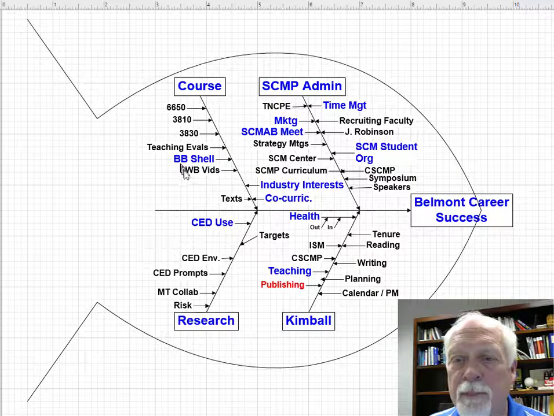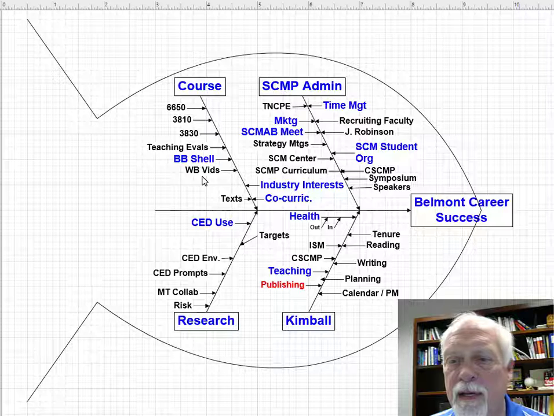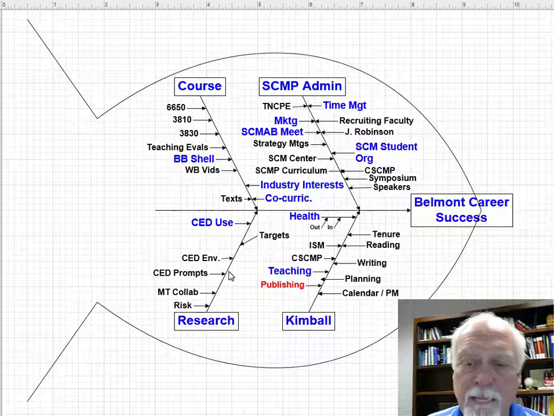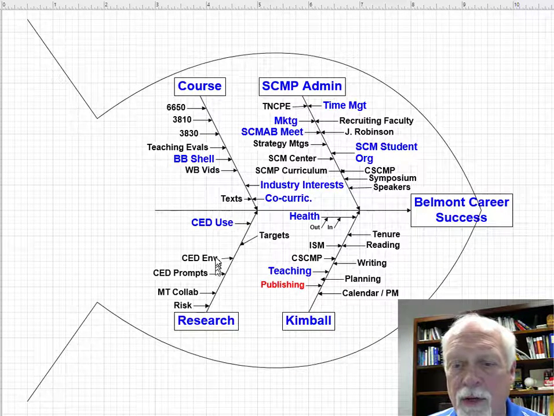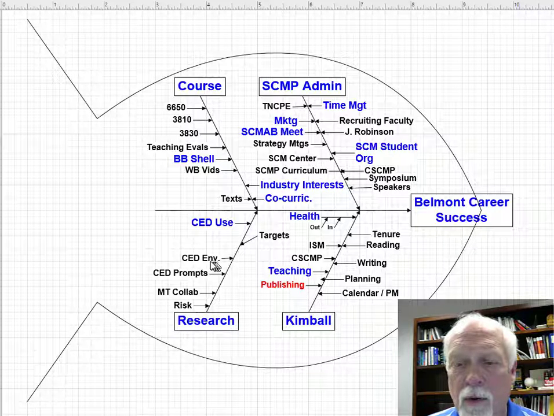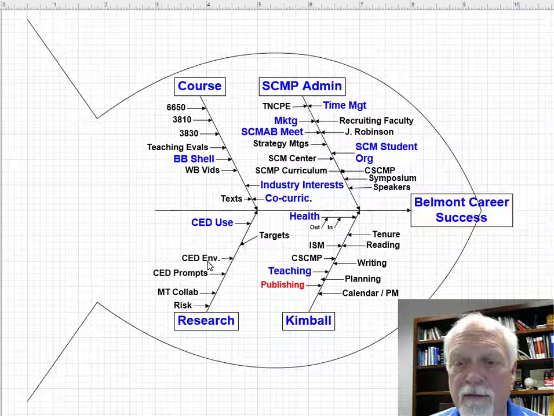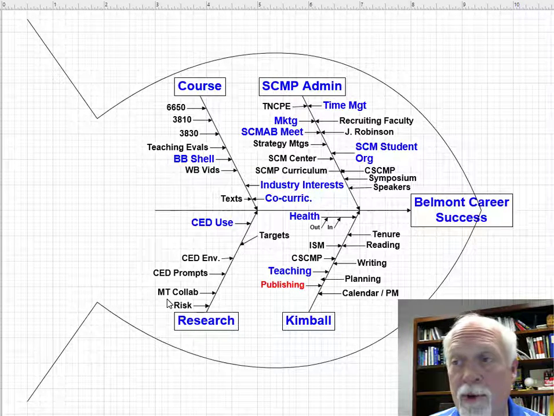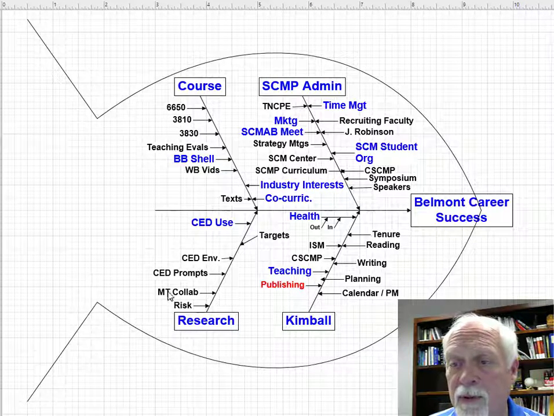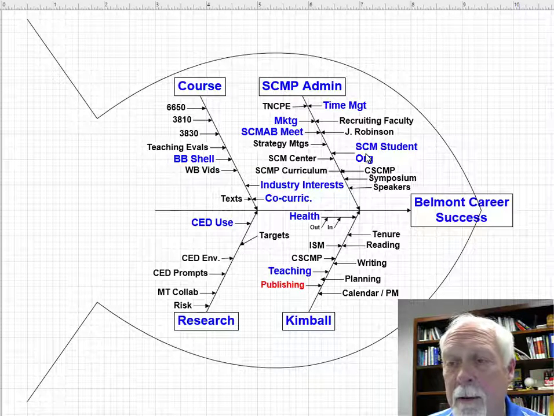And BB is blackboard, WB is whiteboard, CED is a cause and effect diagram. So my research primarily looks like cause and effect diagrams and their use, this is one specific on environment, and so on. I'm collaborating at least some with Middle Tennessee professors and plan to continue that.